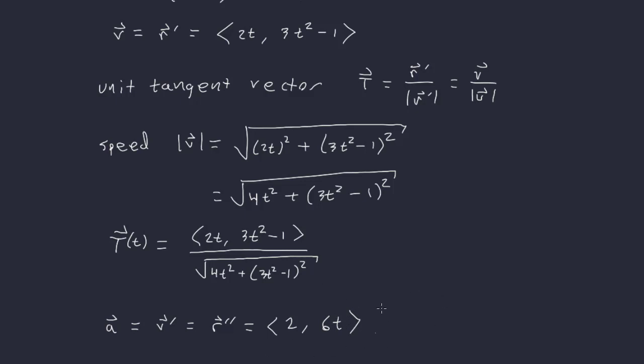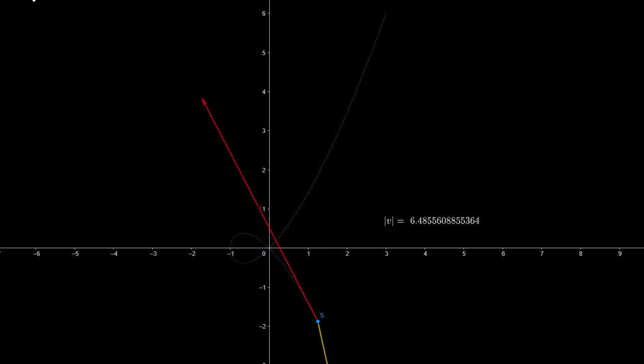Okay, and so now let's take a look at this graph as we go forward. All right, so here's the graph, and as you can see, we have the acceleration.